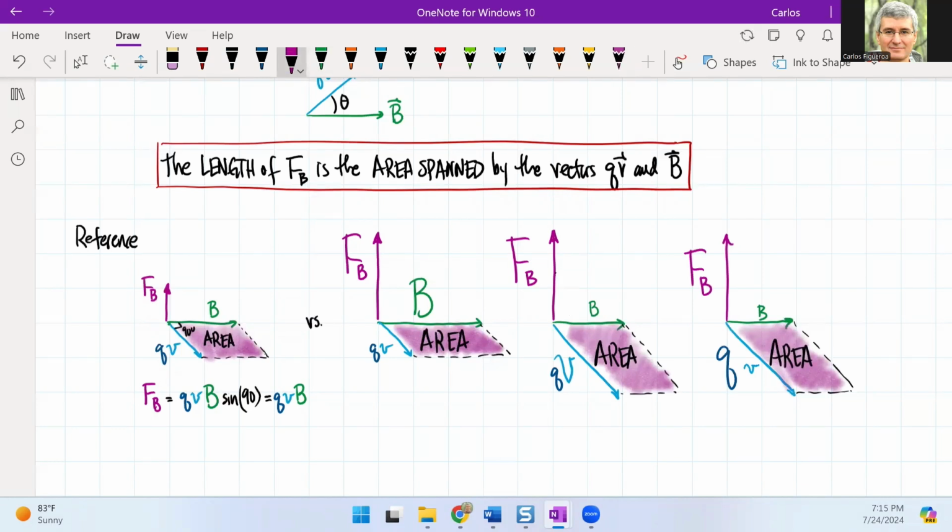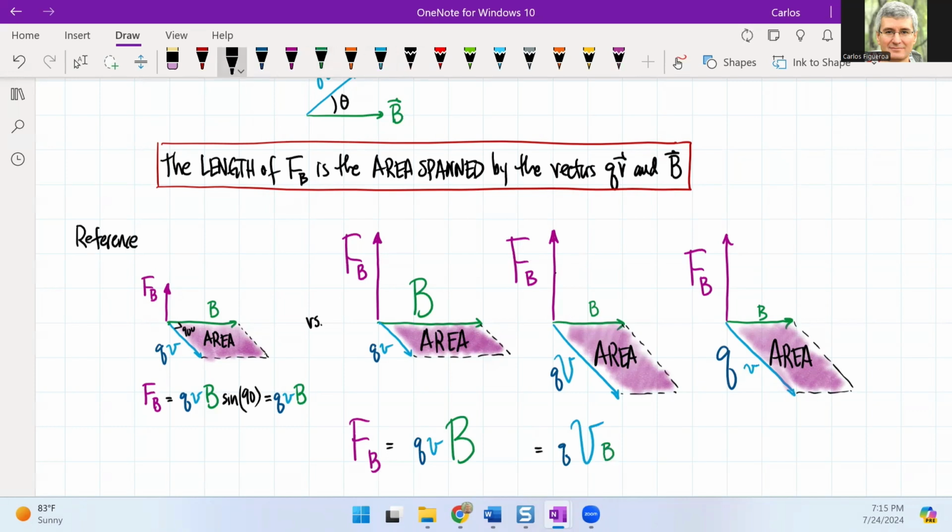So in essence, if I look at the magnetic force here, I could say that this magnetic force is large compared to our reference because in this situation, we had little q, little v times a big magnetic field. In this situation, we had a little q, but a large speed.